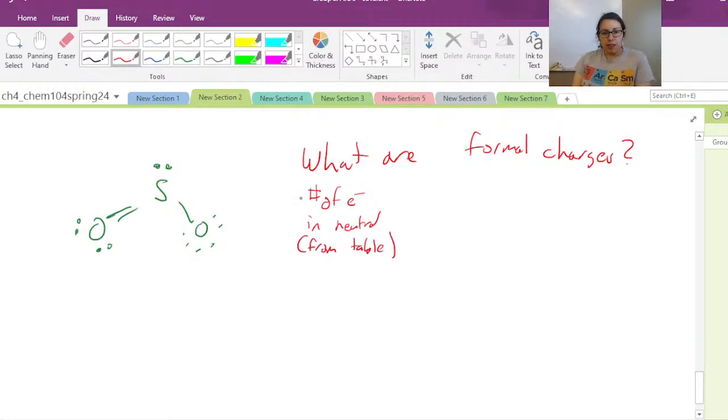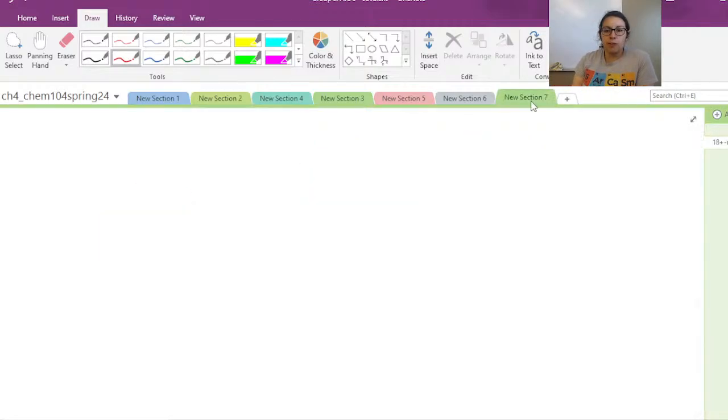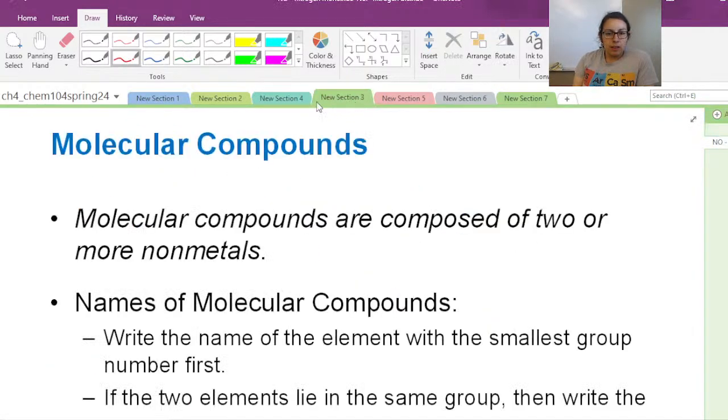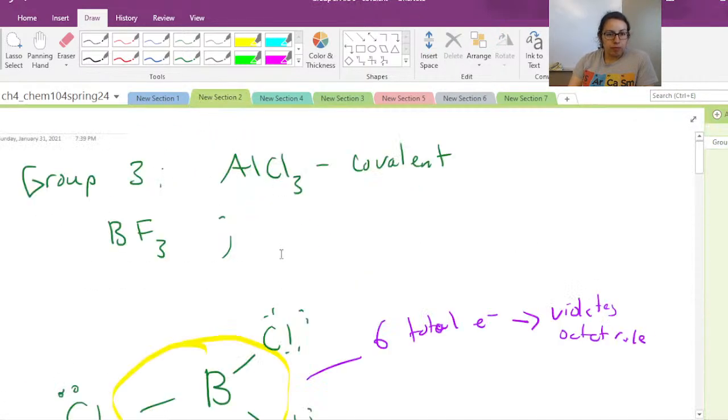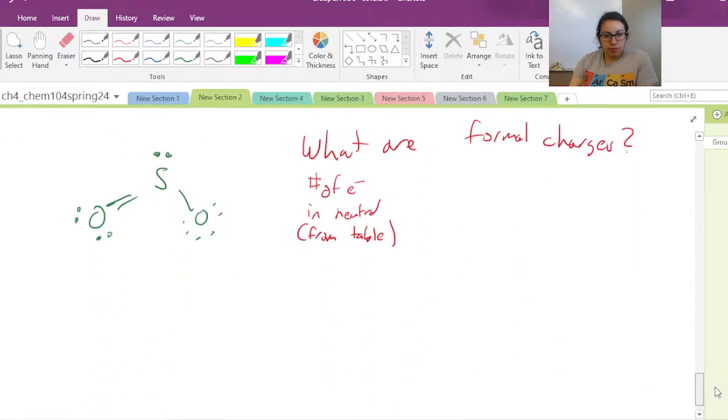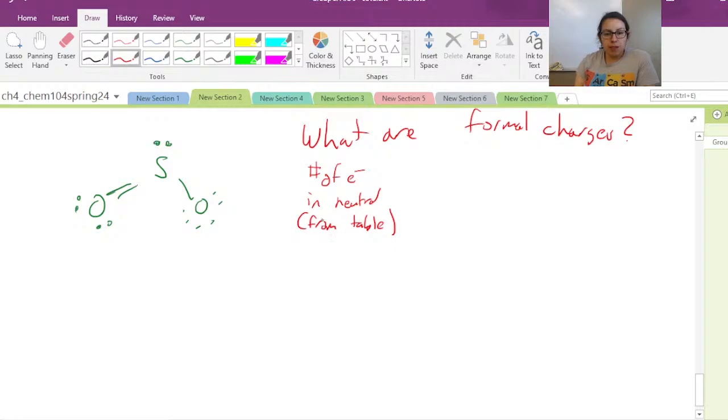What I mean by that is, let's just look at sulfur for a second. Sulfur has 6 valence electrons, so that's the number that we pull. So, number of electrons, maybe I should put valence electrons.